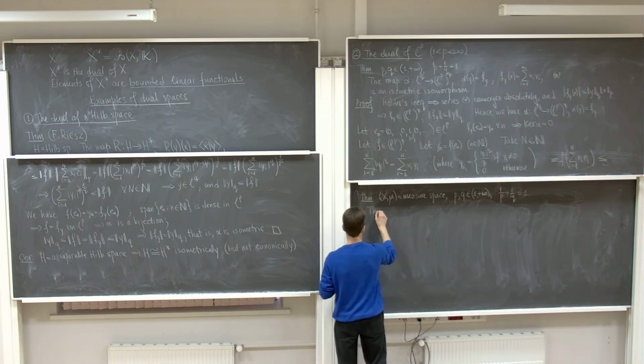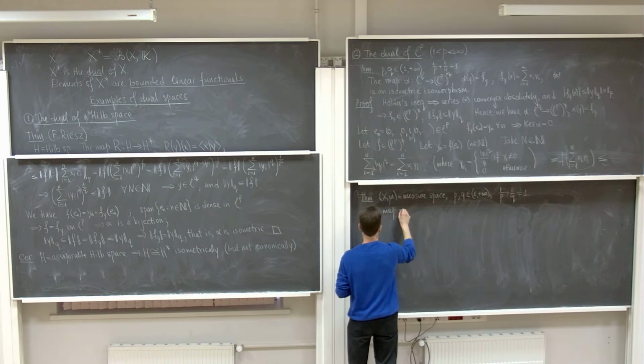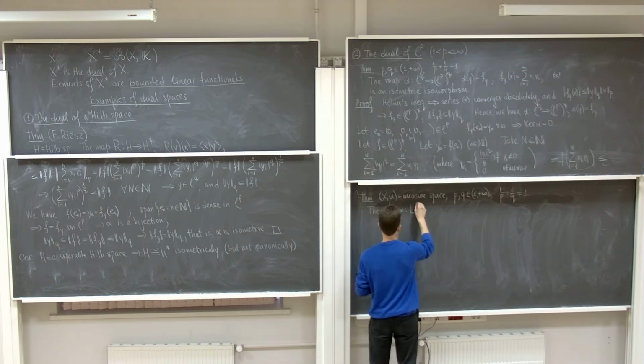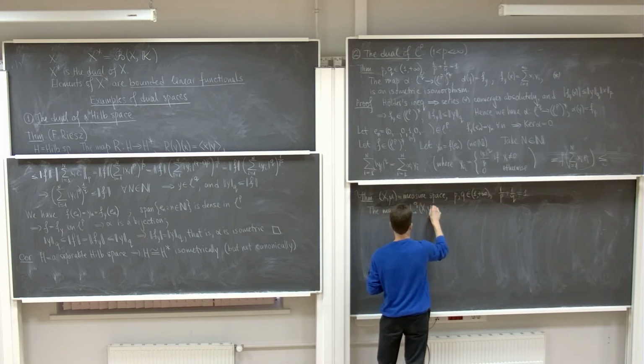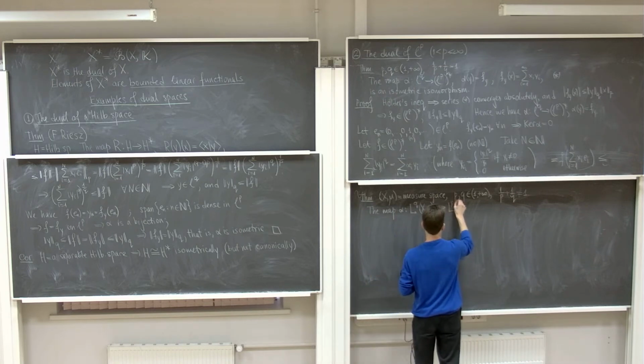We can consider the following map: alpha from LQ of x to the dual of LP of x.